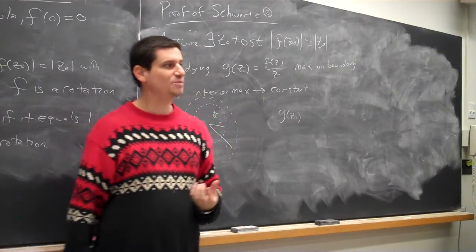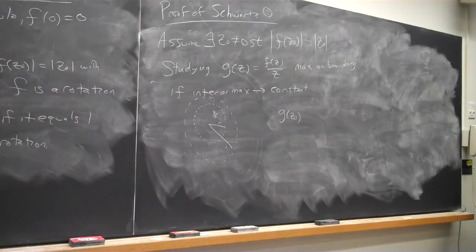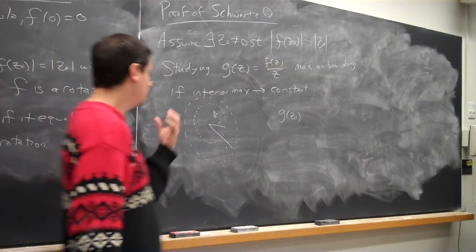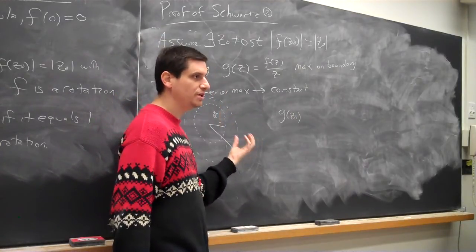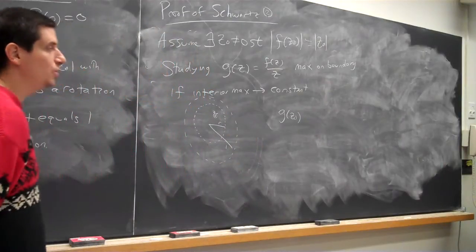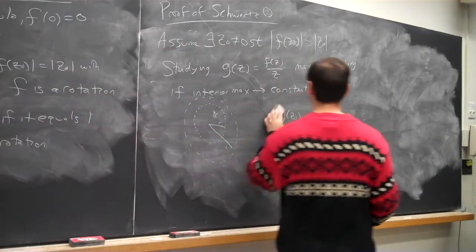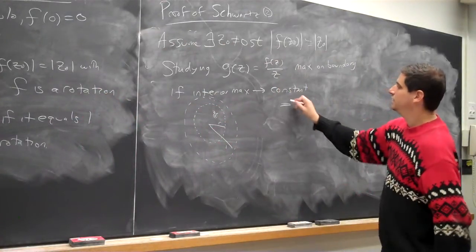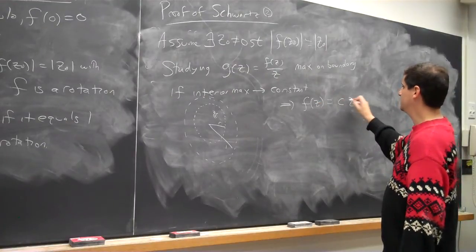If it's mapped to a neighborhood about 1, I found a point where the value of my function g is now greater than 1, contradiction. So essentially, the open mapping principle and the maximum modulus principle all come into play here to tell us this can't happen. The only way it can happen is if the function is constant. So what this means is f(z) equals c times z.